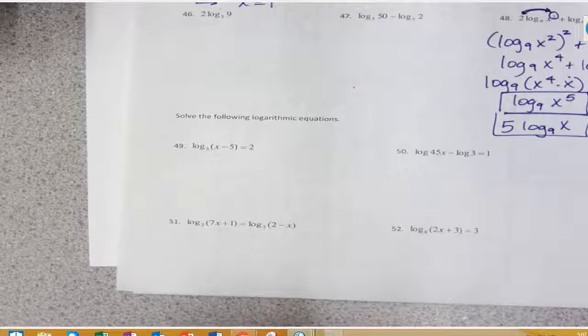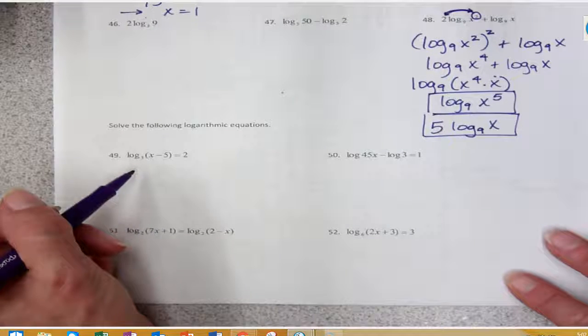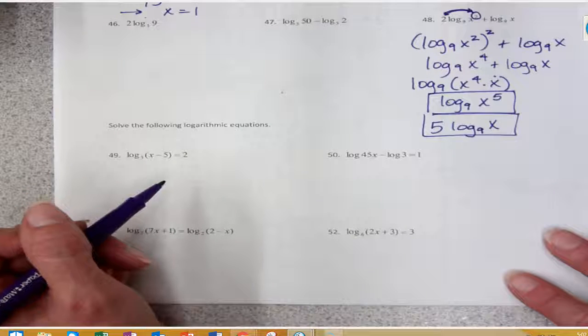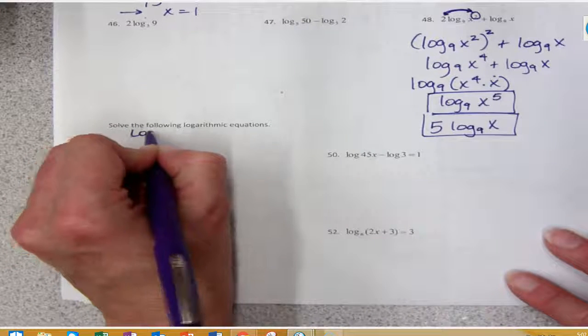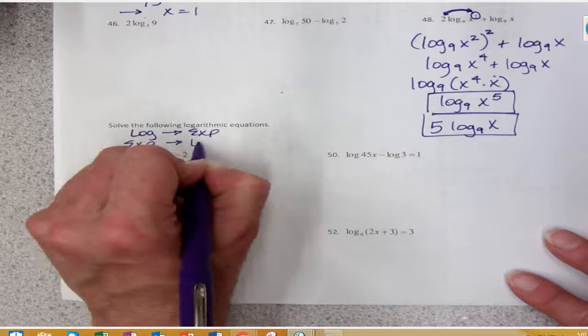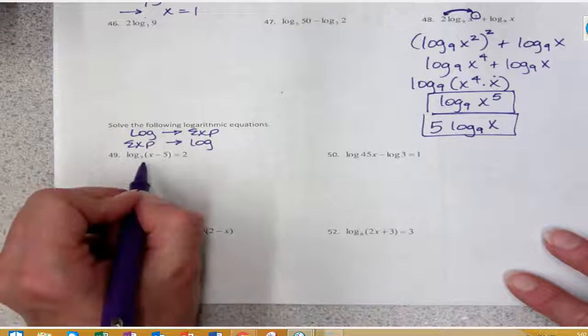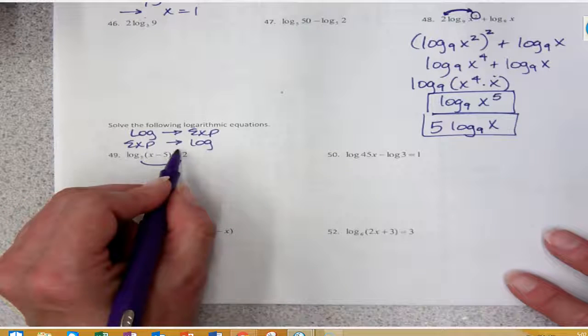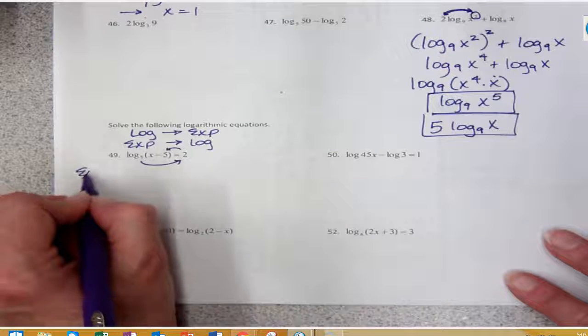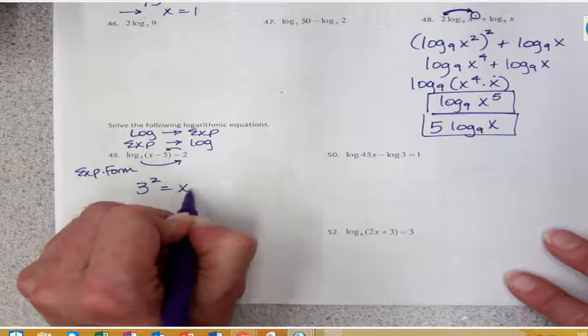These solving of logs, let me just tell you, you've got to kind of be clever with these. If it's in log form, you're probably going to want to put it into exponential form. If it's in exponential form, you're probably going to need to put it in log form to solve. You just have to learn how to work back and forth from them. So if I have this, 3 to the 2nd power, if I put that in exponential form, 3 to the 2nd power equals x minus 5.